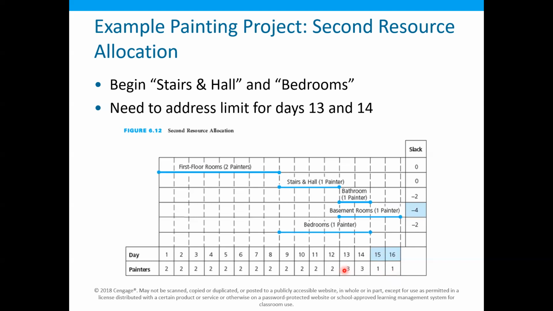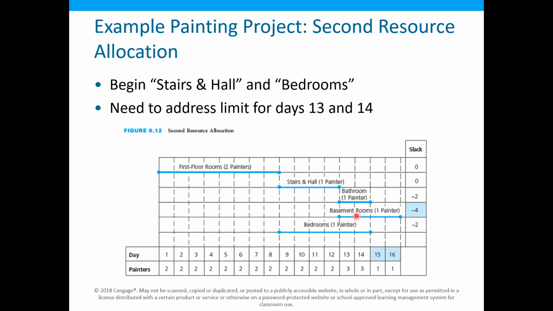So on day 13, we now have this situation. Earlier we fixed this bedroom activity, so we cannot change it. Out of the bathroom and the basement room, this basement room has the lowest slack.